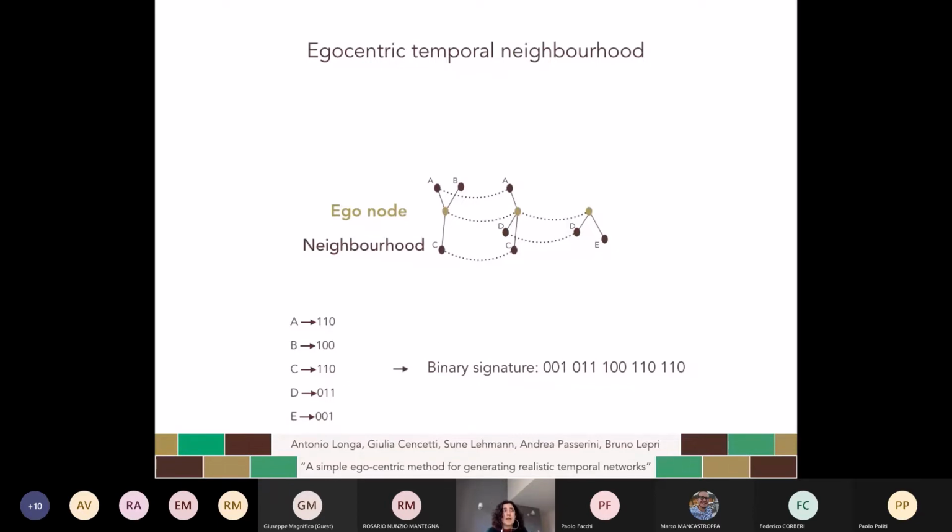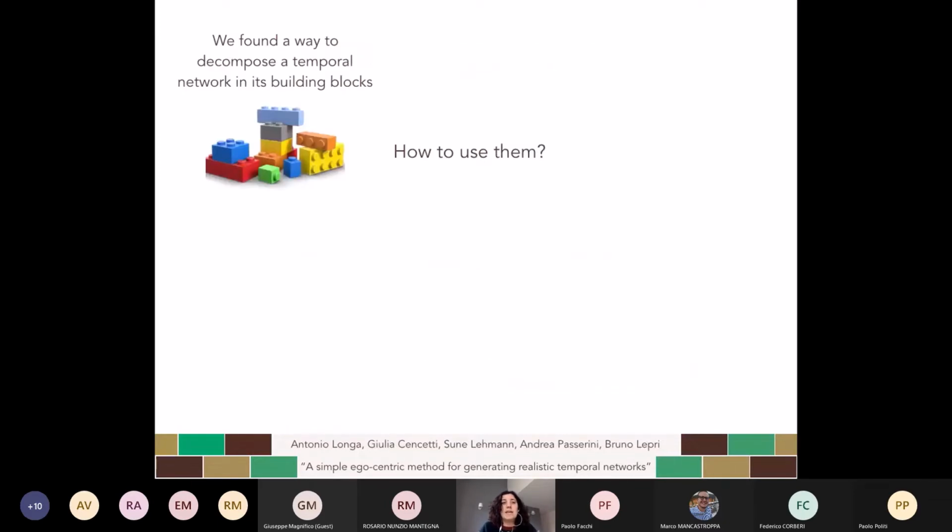Now, these egocentric temporal neighborhoods can be extracted for each node of a network and at each time step by using a sliding window over time. And so let's suppose that we do it for a real network and we store all of them together. Then we found a way to decompose a temporal network in its building blocks.